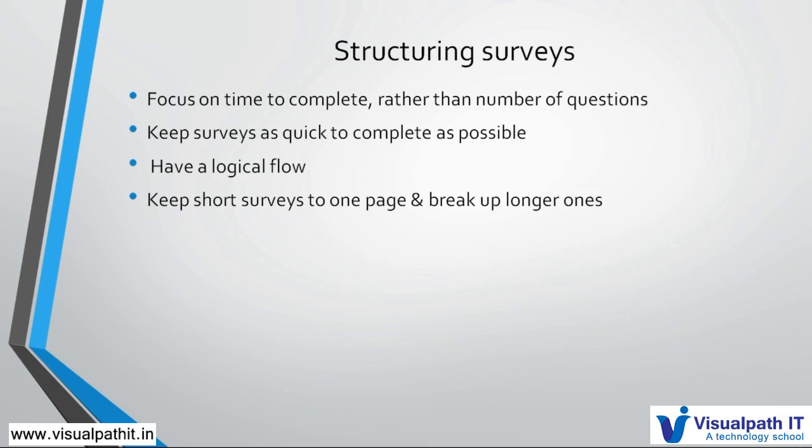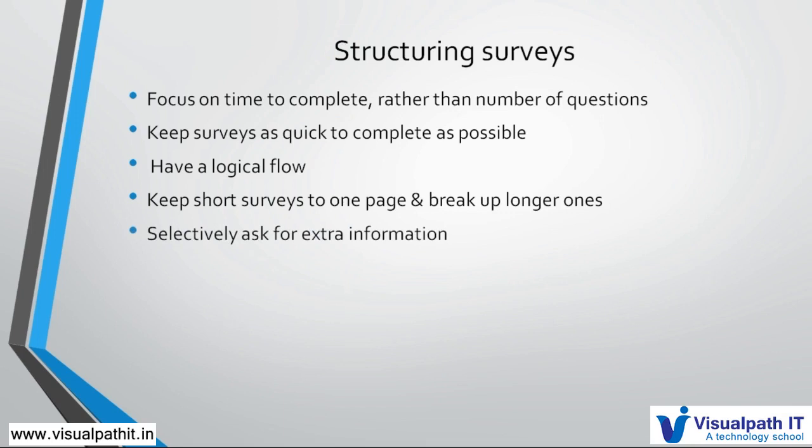Labeling pages is usually a good idea. For example, if you have questions related to the user, label the page as about us, personal details or favorite hobbies, anything related to the questions.